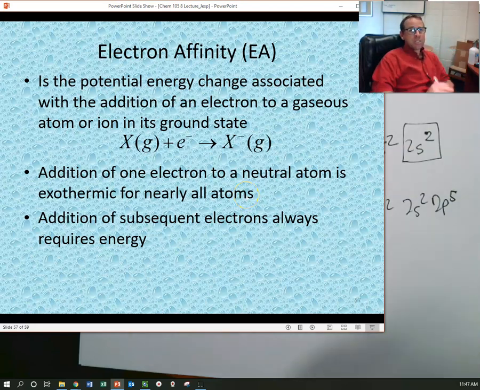All right, the opposite of ionization energy is what we call electron affinity. The opposite of ionization energy is electron affinity, and it's the energy associated with an atom gaining an electron. All right? Now, what do you guys think?